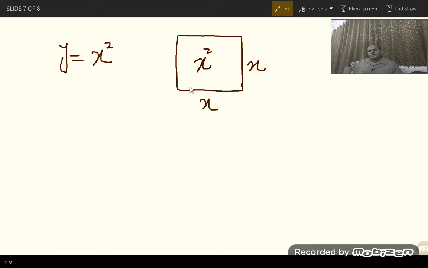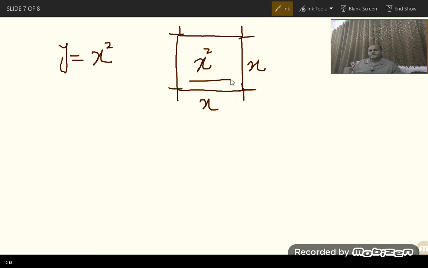Now you see that if we increase or decrease the side of a square, say by a unit or 2, then definitely we have change in the area of the square. So this area, that is the dependent variable, depends upon this independent variable.